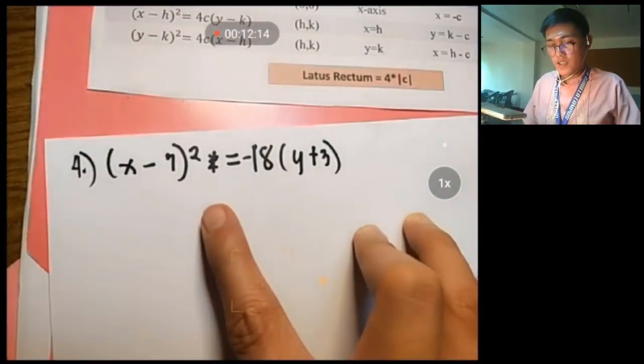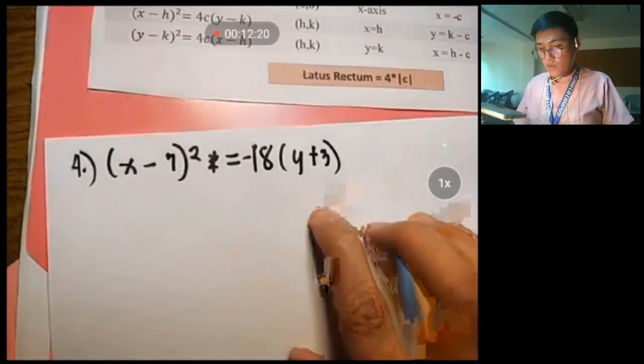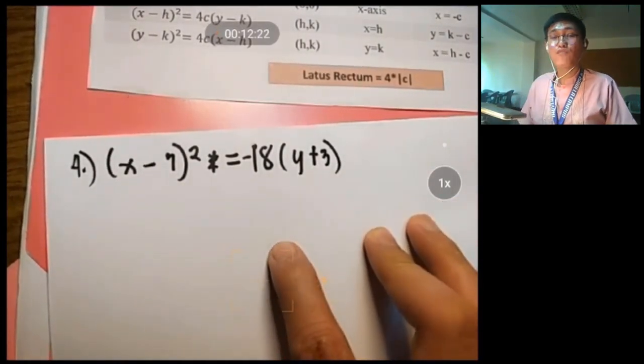So let's write it: x minus 7 squared is equal to negative 18 times y plus 3. Then same question, we have to find the vertex, axis of symmetry, the directrix, the focus, and the latus rectum.